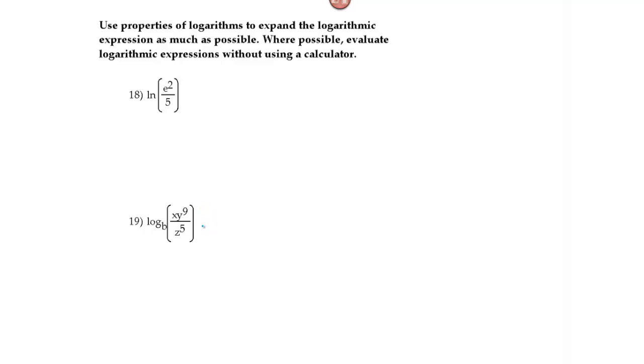Okay, so on this one, we have a product on top, and so that means I'm going to split up that product into addition. But we also have something we're dividing by, which is a quotient. So we're going to subtract the part we are dividing by.